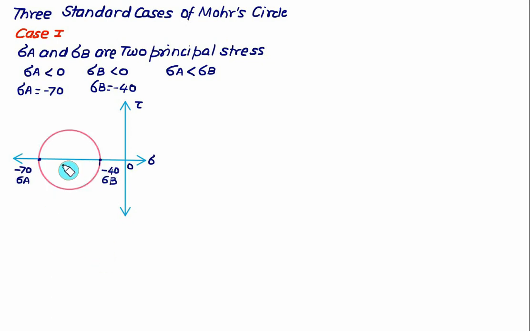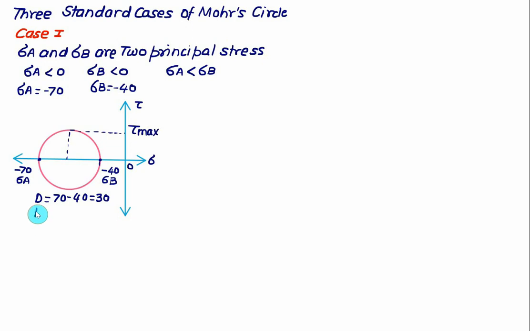So this one is representing the Mohr circle and the diameter of the Mohr circle will be same as equal to the distance between sigma A and sigma B, 70 minus 40, that equal to 30. And therefore we have a radius which will represent the tau max. So the tau max value will be equal to the radius.